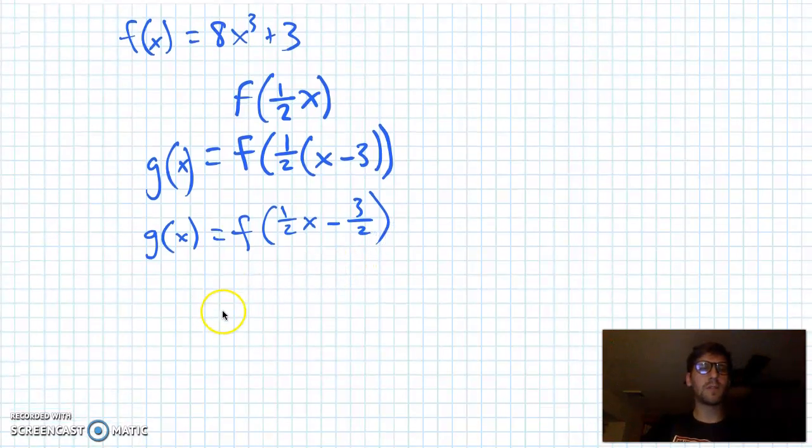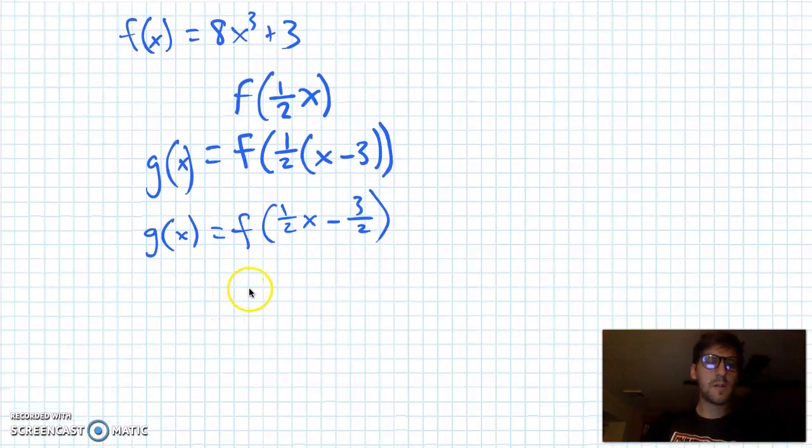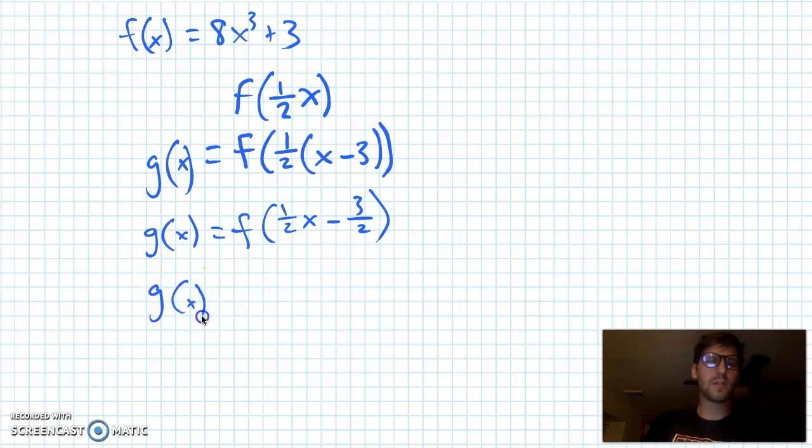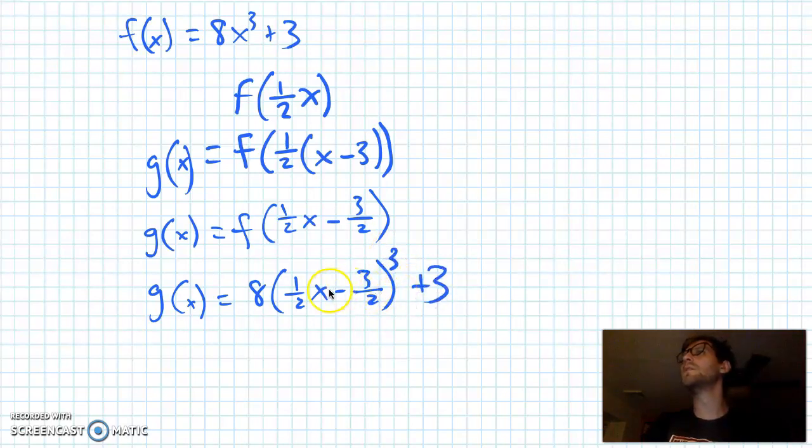We could plug it in, so we're going to get g of x is going to be 8 times (1/2 x minus 3/2) cubed plus 3. Does it say to get it in standard form? Oh no, so that's not too bad. We got the rule. Didn't say standard form.